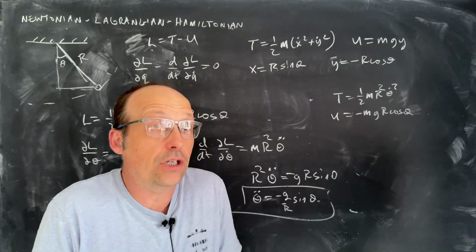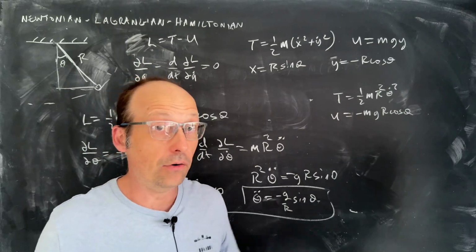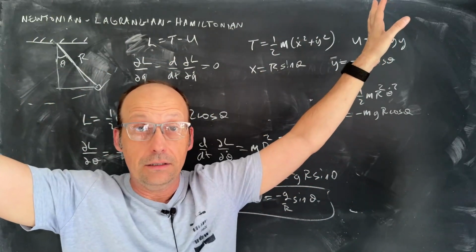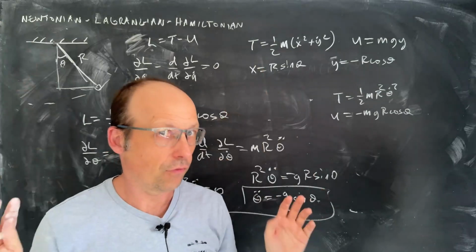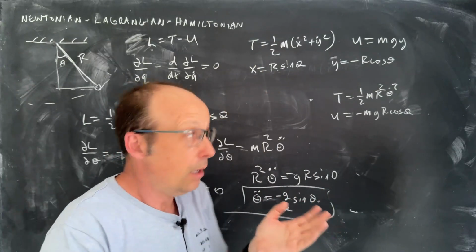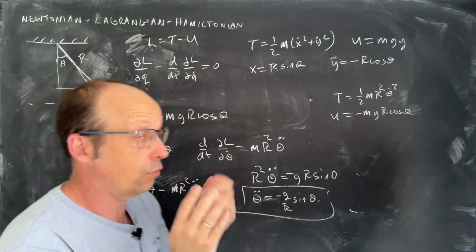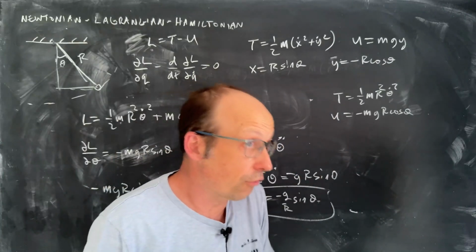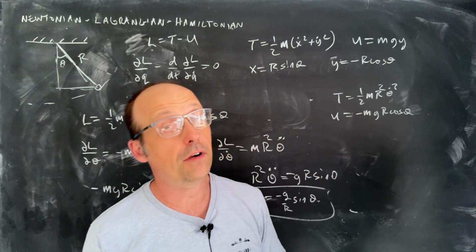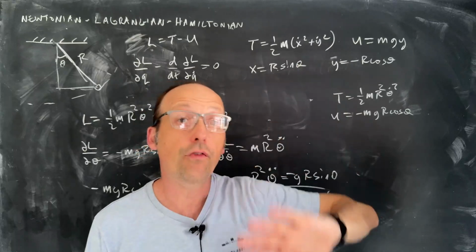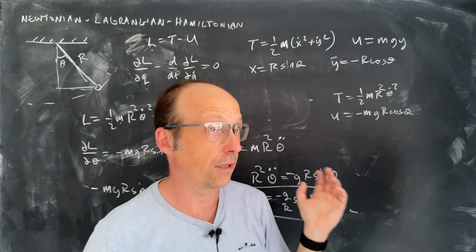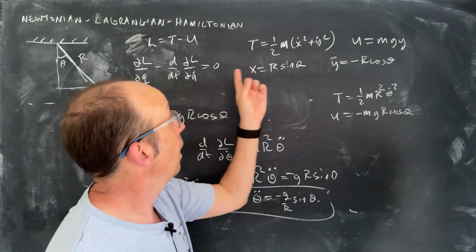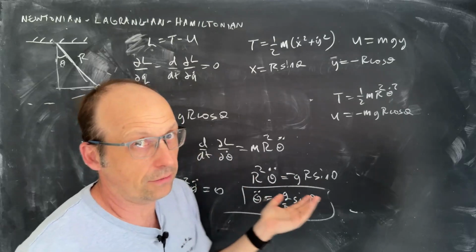The only advantage here is that I don't even have any tension force in there to even try to get rid of. It never showed up, right? Because in the Lagrangian, in your generalized coordinates, you can pick some strange system of coordinates that just agrees with your constraints. So if I have a constrained system, no friction, right? If there's friction, then this doesn't work because you can't write the potential energy and it just doesn't work.